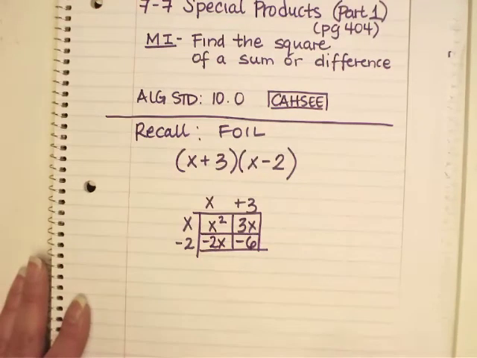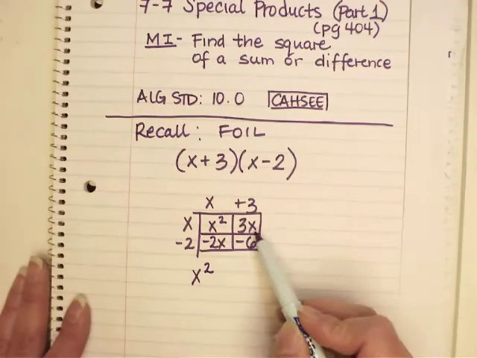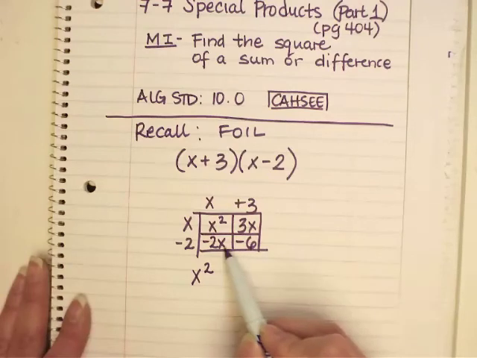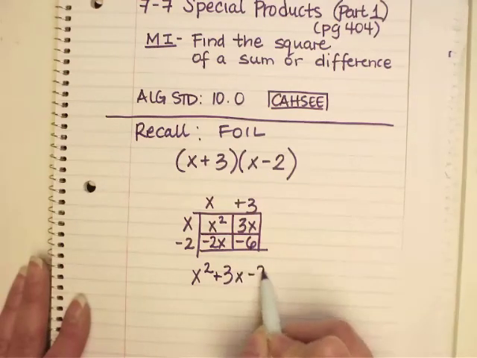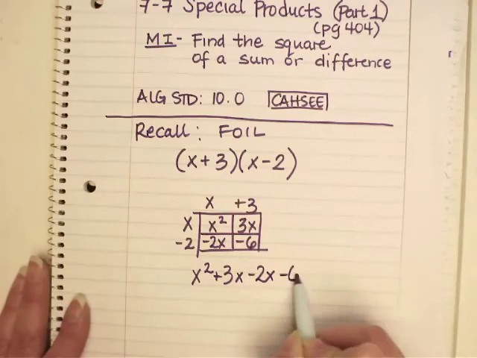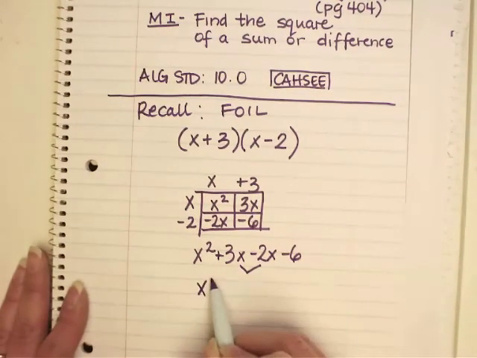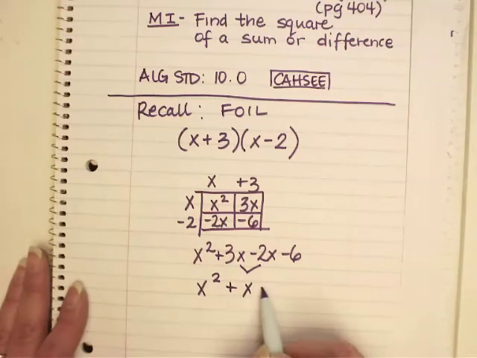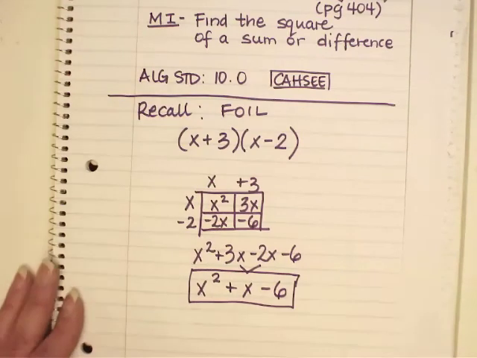We start with our highest power, x squared, and we'll notice we have a positive 3x and a negative 2x, and our negative 6. Notice these two we can combine together. So we end up having a trinomial of x squared plus 1x minus 6. And that would be our trinomial answer for that multiplication of our two binomials.